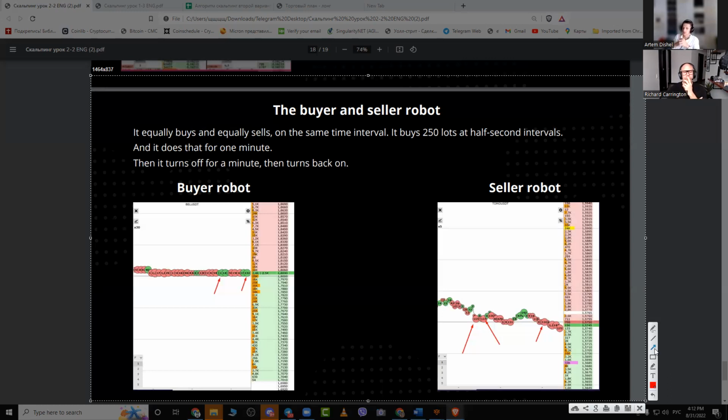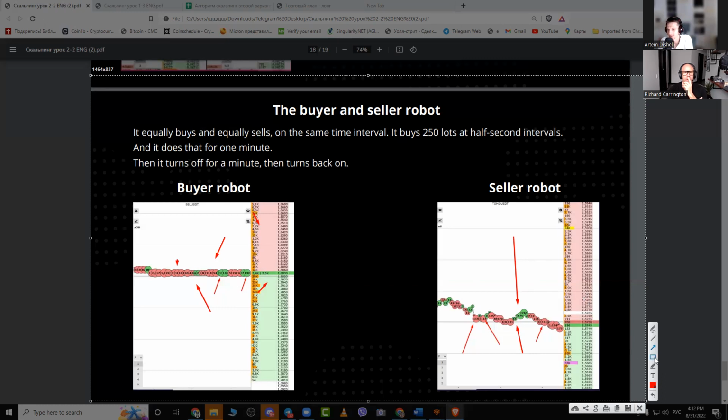Buyers and seller robot. How to see it? You can find the same pushes, the same order, on market order. This is a market order. This is a limit order. This is a market order.